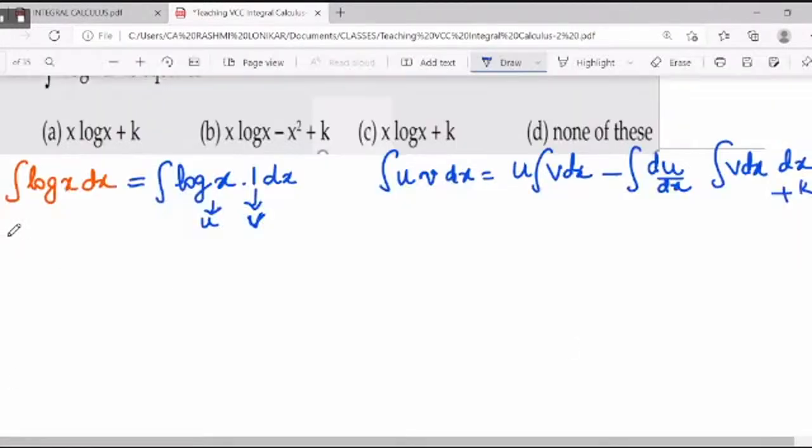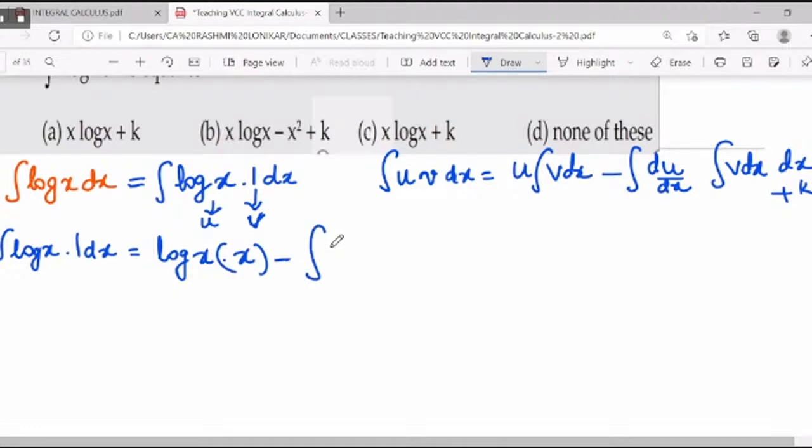So the integral of log x into 1 dx will be equal to log x into the integral of the second function, that is 1, which is x, minus the integral of the derivative of the first function, d by dx of log x, into the integral of 1 dx.